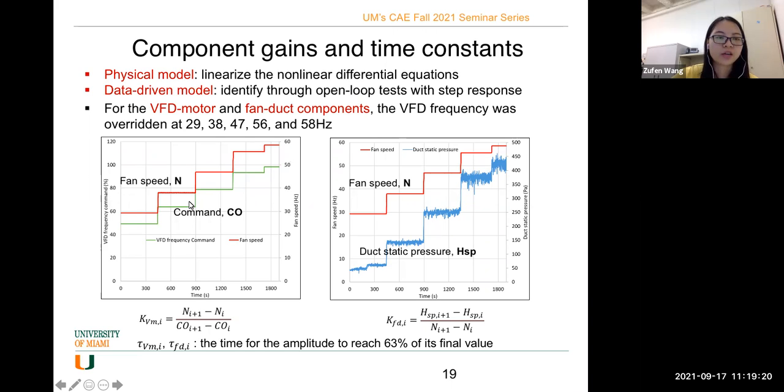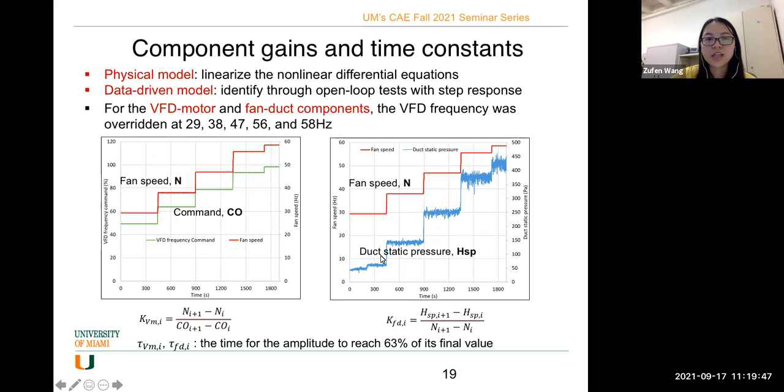Here, the left figure shows the VFD frequency command and the corresponding fan speed. Then with this response, we can calculate the VFD motor gain, which is the ratio of the fan speed change to the command change. Similarly, this figure shows the fan speed and the duct static pressure.